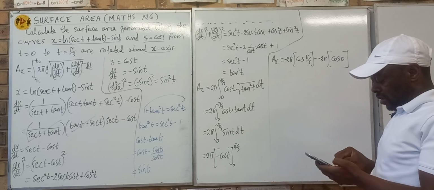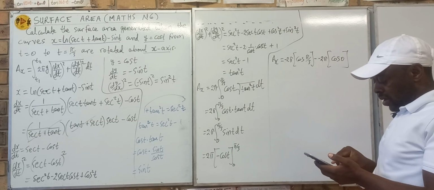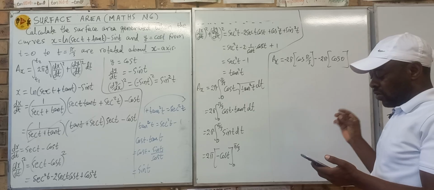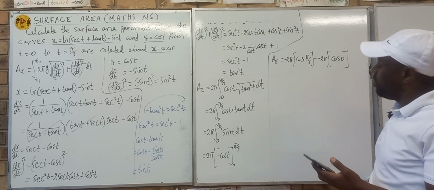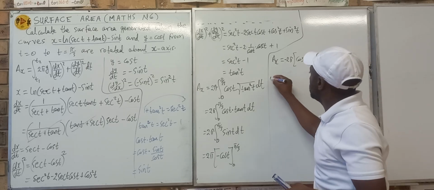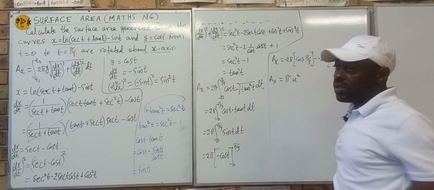Sorry, I didn't take 2 pi, then cos 0. So that is it. The answer must always be positive, so my result is pi, a simple pi. So that's how simple it is, guys. Our answer is a simple pi units squared.